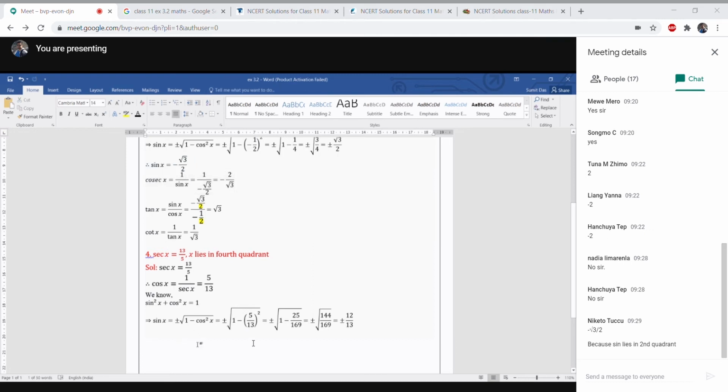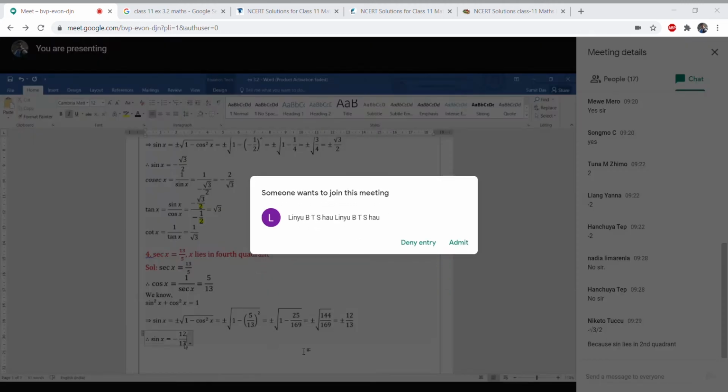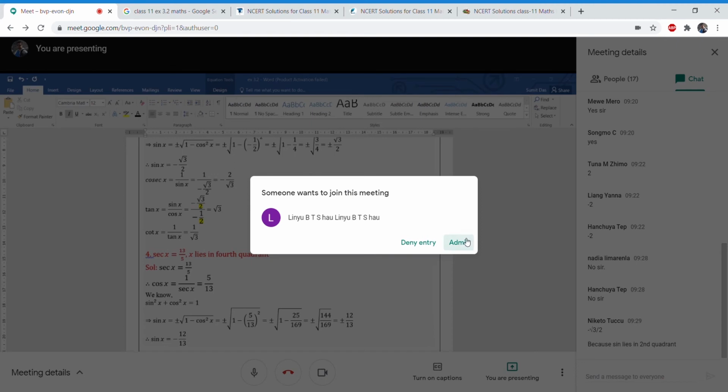In the fourth quadrant sine is negative, so it will be minus 12 by 13.